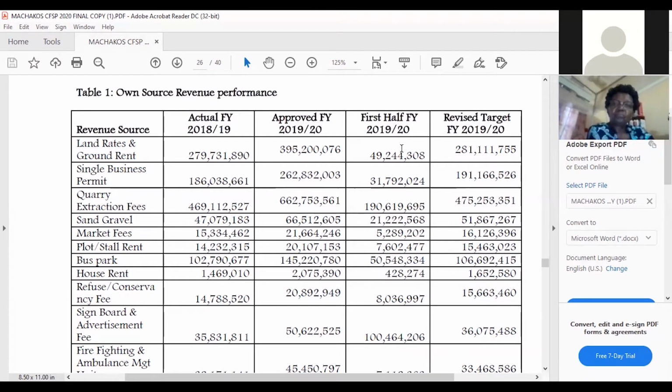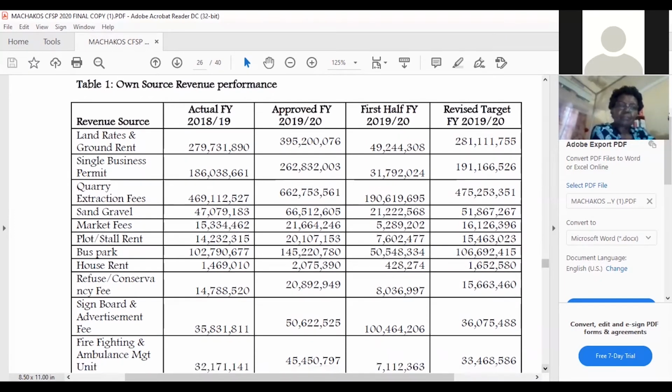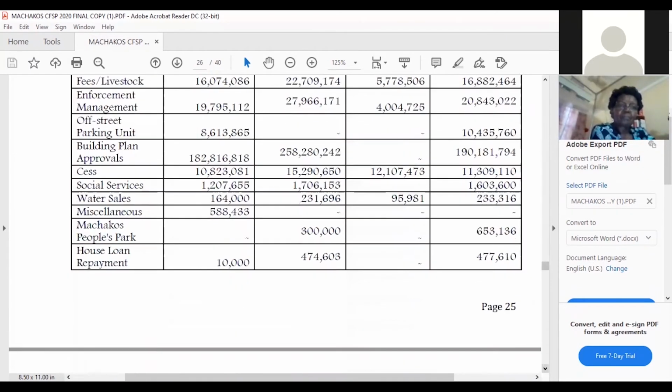So in the first 6 months, they only managed to collect 49 million out of the 281 million target they had set. So at least you can see the previous performance so that you may understand.